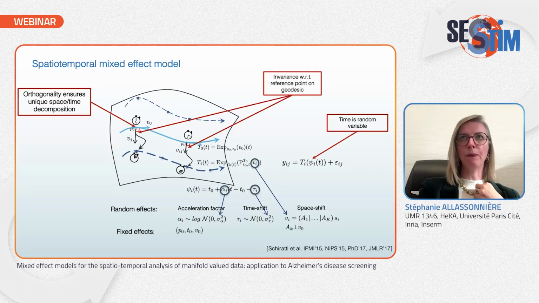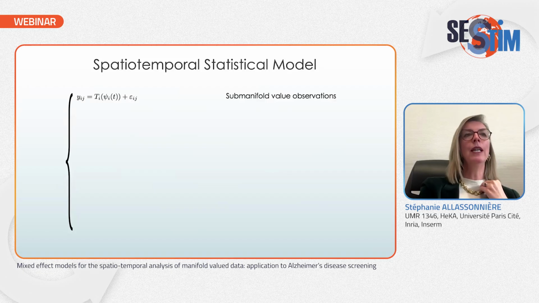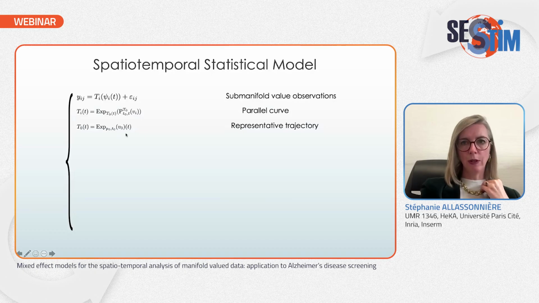Right, so as I'm a mathematician, as I said, I will show you all the equations again. So here is the statistical model. You have on the submanifold observations that are following a trajectory which is the parallel curve of the representative trajectory. You also have this time reparametrization that we assume to be linear.